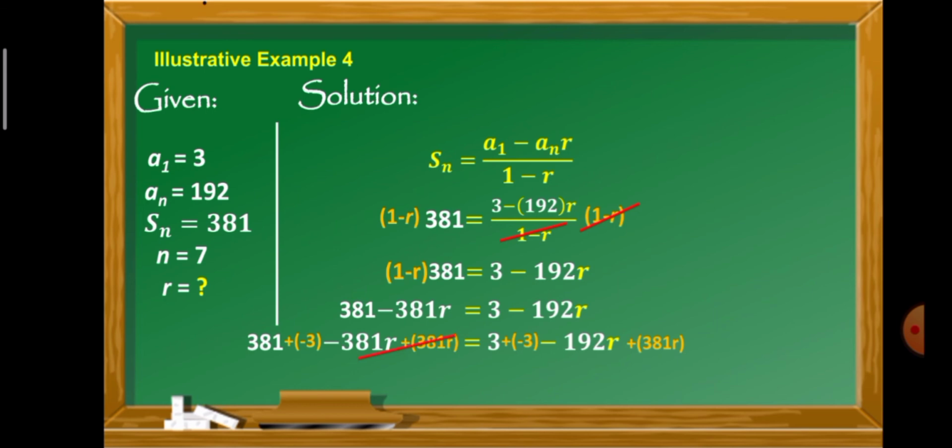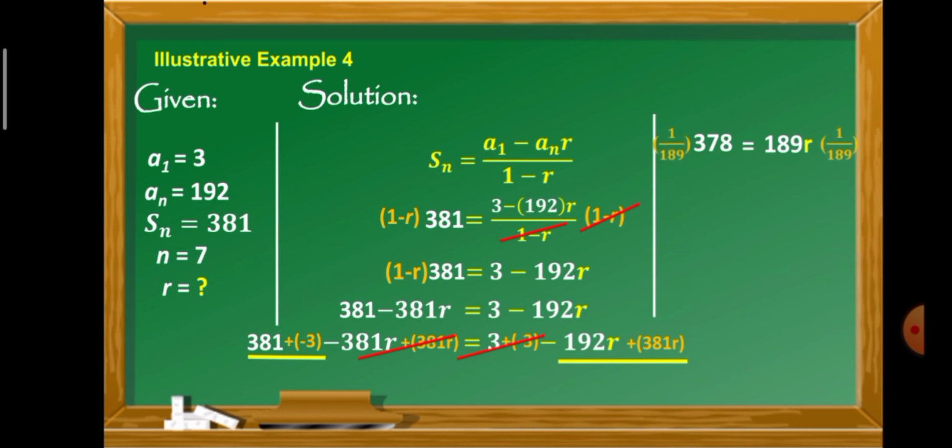Pwede na rin tanggalin yung 3 plus negative 3, so wala na rin yan. So, that is 0. Then, solve natin yung 381 plus negative 3. So, that is 378 equals negative 192r plus 381r is equal to 189r.